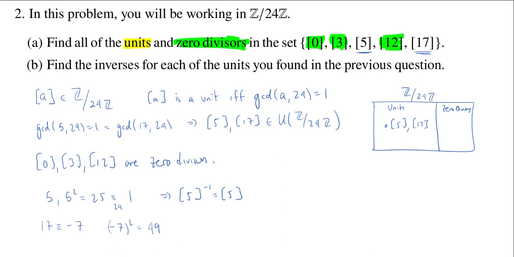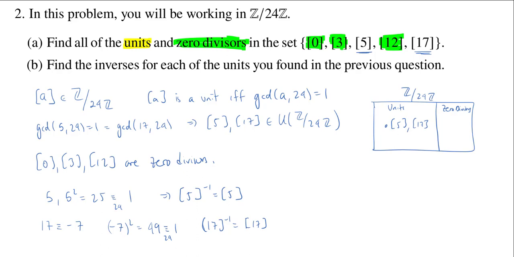I can reduce this mod 24, and 24 times 2 is 48. So this is actually, again, congruent to 1 modulo 24. Cool. So once again, this is telling me that 17 squared is 1. And so once again, the inverse of 17 is 17.